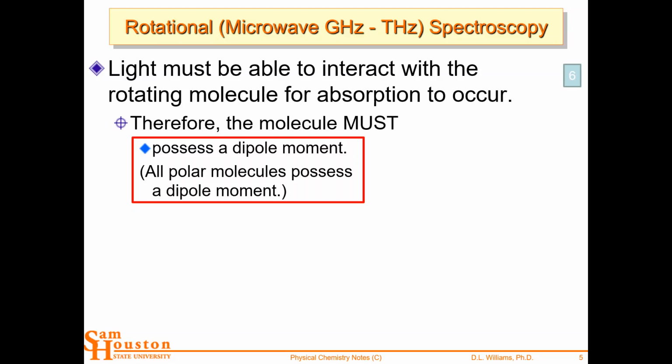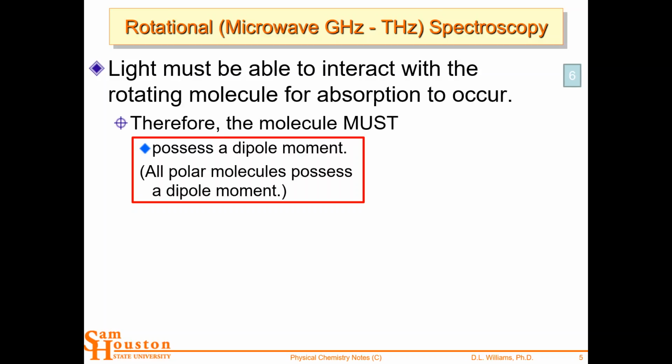This is really important too, because rotational levels and vibrational levels, but rotational especially, are transparent in our atmosphere because nitrogen and oxygen don't possess a permanent dipole moment. If they did, we would not be here. Why do I say that?